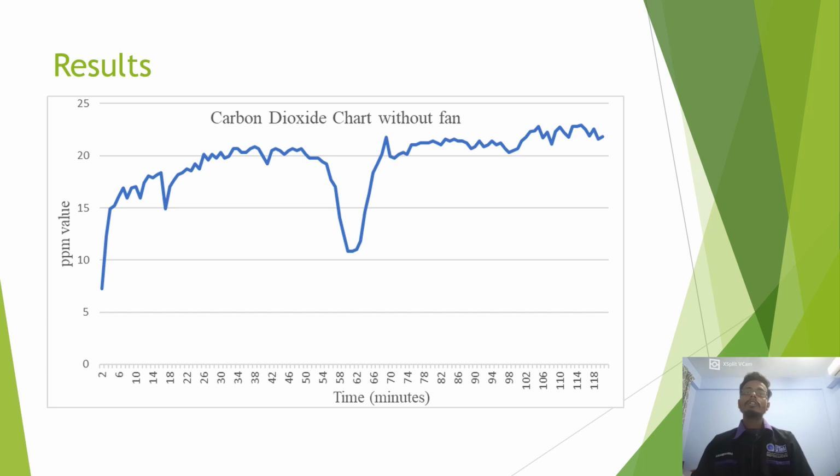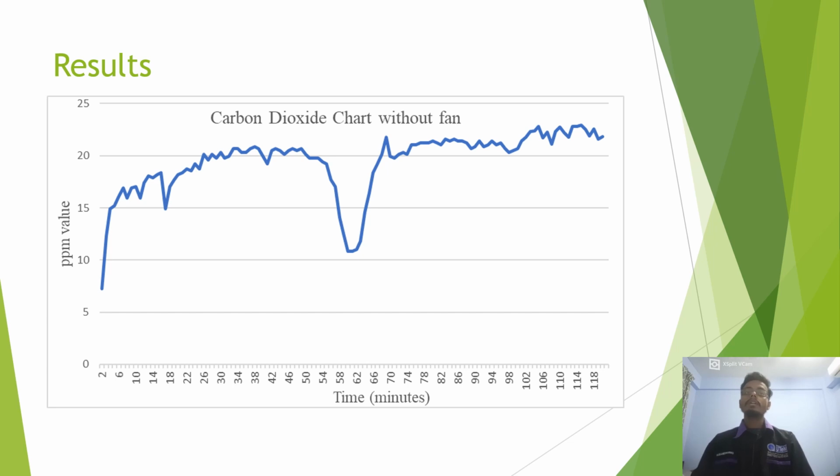And now we are going to discuss the results. This chart describes the carbon dioxide chart without the fan. That means I got these results without the PC fan running.